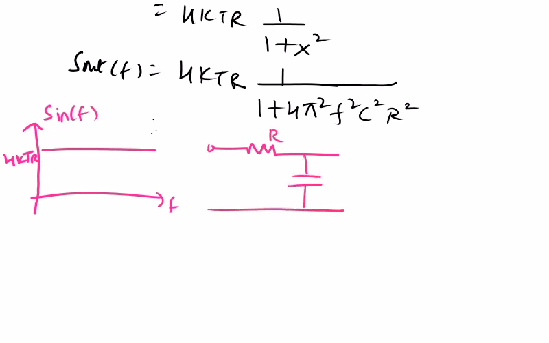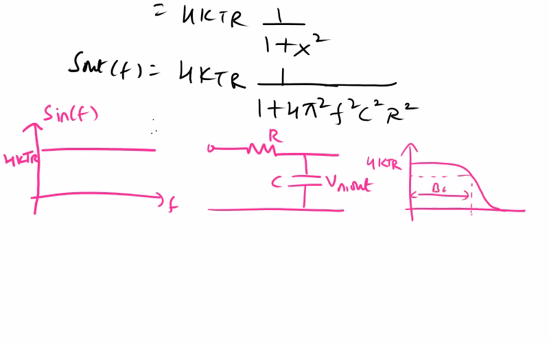A low pass filter, that is R and C. So it is V_n out, and you get a shape like this, taking the shape of the low pass filter. So this is your bandwidth and this is your cutoff frequency, this is your f. You can clearly understand from this diagram that the white noise spectrum of a resistor is shaped by low pass characteristics, as shown in the figure.